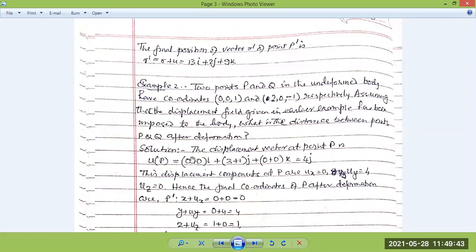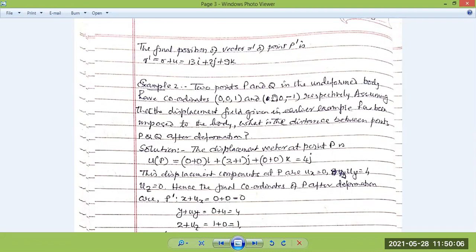Then the final coordinates of P after deformation will be x plus ux. So P will deform to the point where x plus ux is 0 plus 0, which is 0.